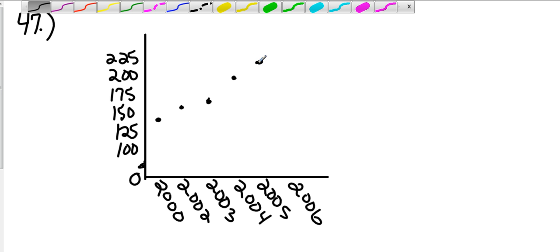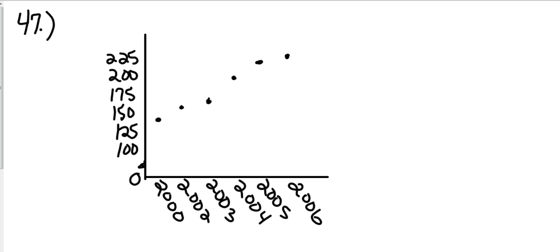And 2006 is 221. So just a little less than 225. Okay, my line of best fit, I'm going to say right about there. So there's my scatter plot and my line of best fit.